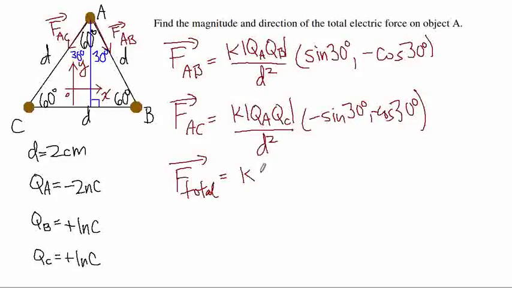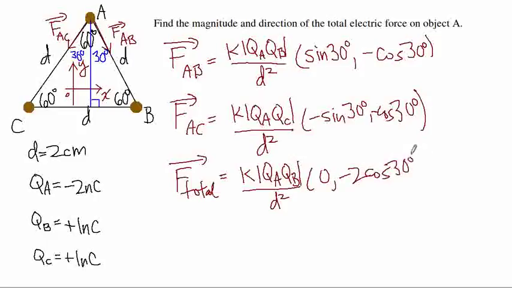So that'll simplify the representation of the total vector. Zero comma minus 2 times the cosine of 30 degrees.